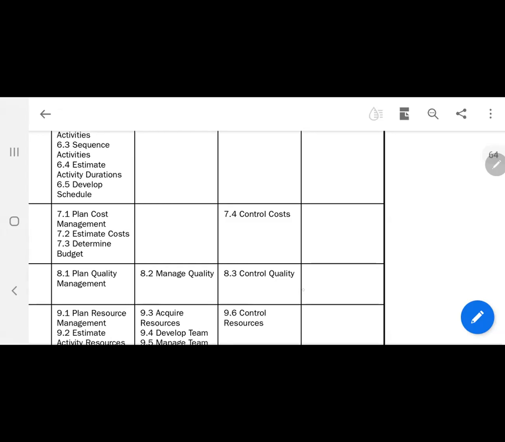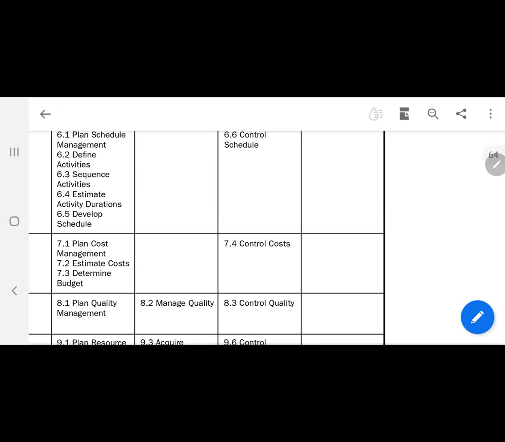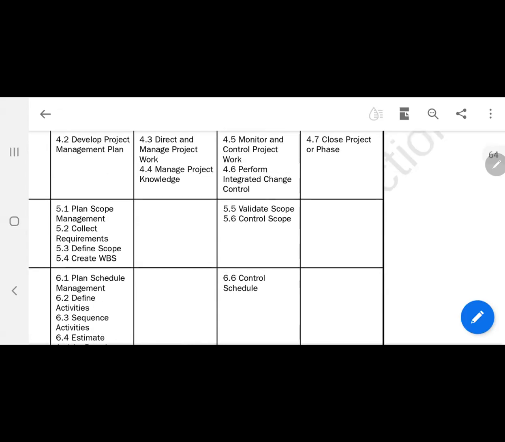There's a quality checklist and check sheets and many quality tools used to check the deliverable. When it is checked, it is called a verified deliverable, the output. So the verified deliverable, output of control quality, moves up to validate scope directly.